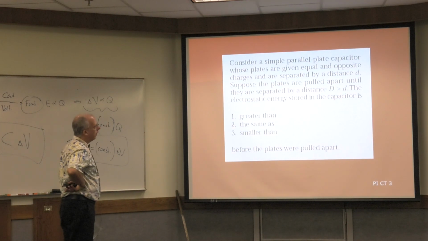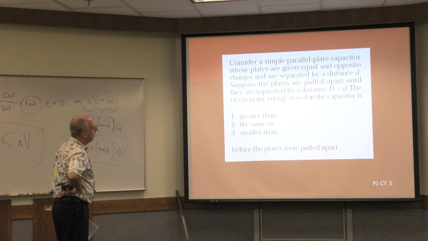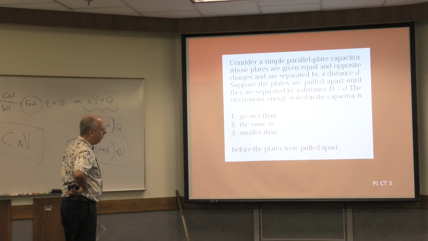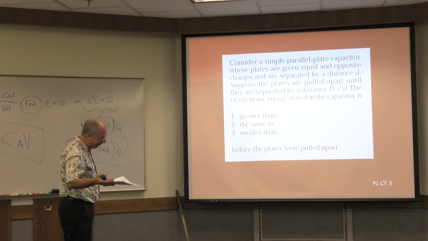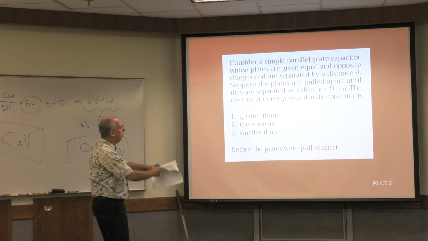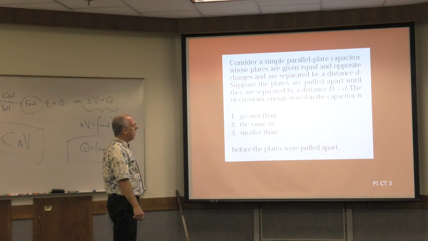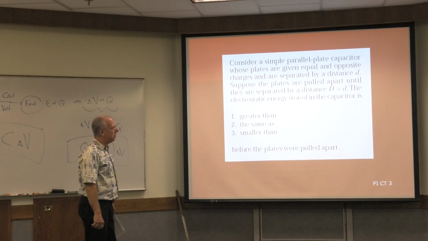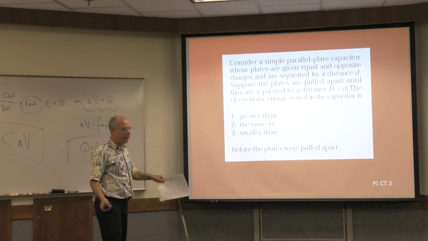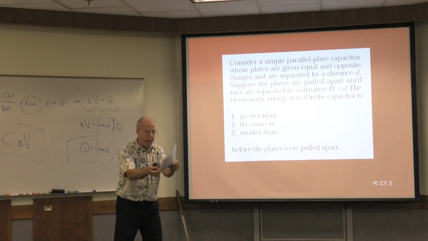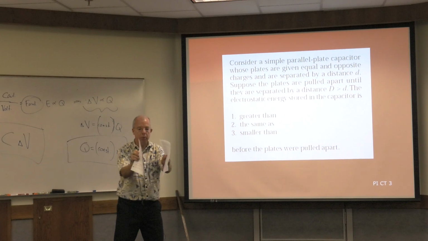Consider a simple parallel plate capacitor whose plates are given equal and opposite charges and are separated by a distance d. Suppose the plates are pulled apart until they're separated by a distance uppercase D, which is bigger than lowercase d.